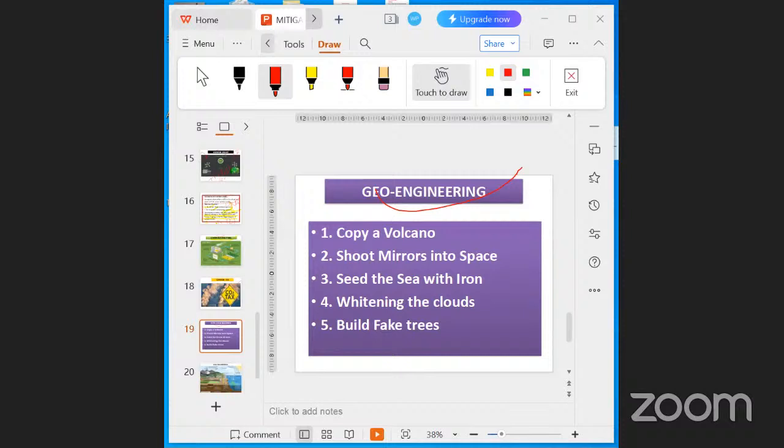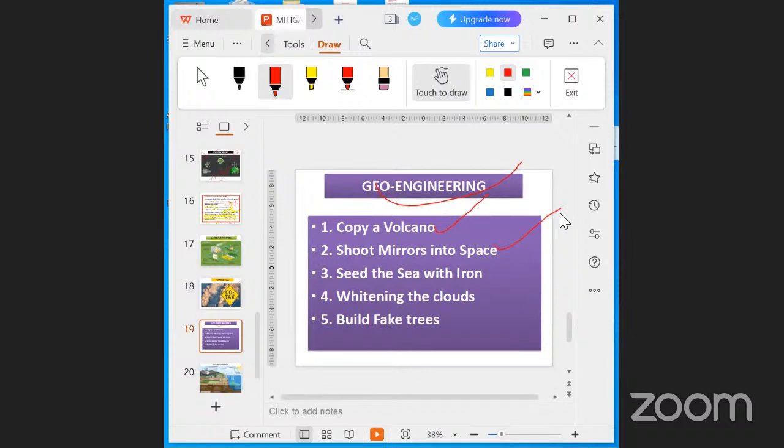So now how does it work? There are 5 methods here. First one is copy a volcano, second one is shoot mirrors into space, third one is seed the sea with iron, fourth one is whitening the clouds, and fifth one is build fake trees.